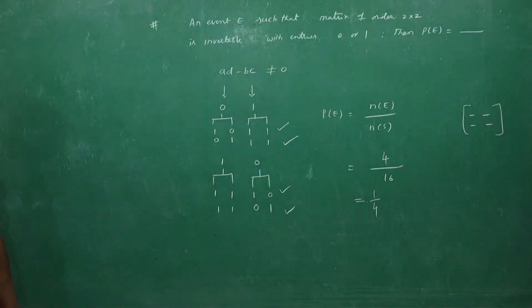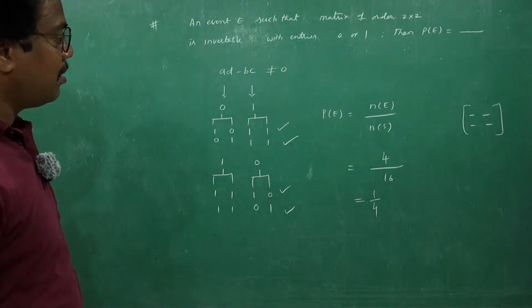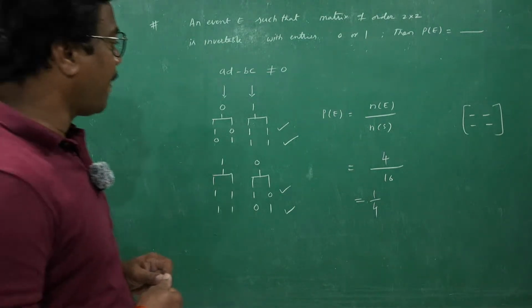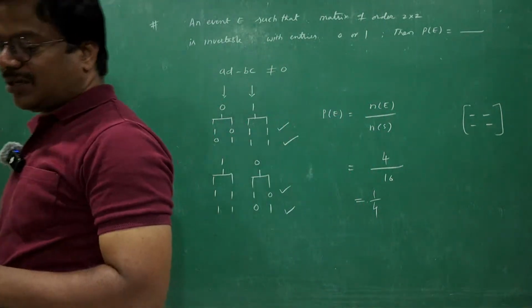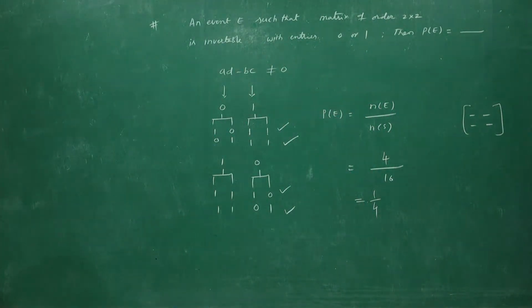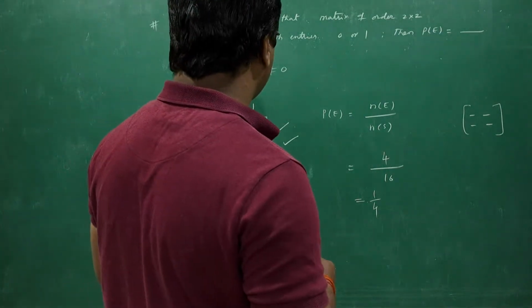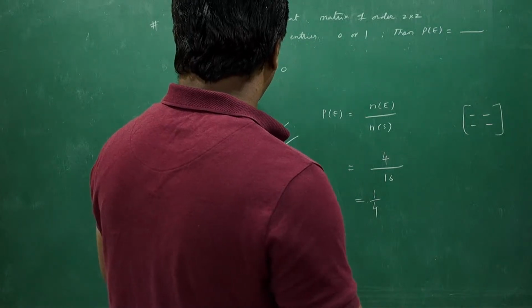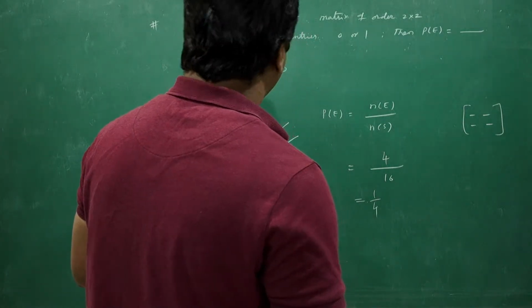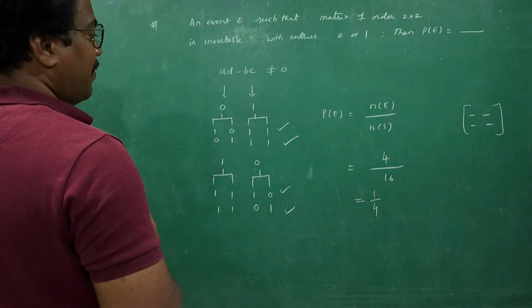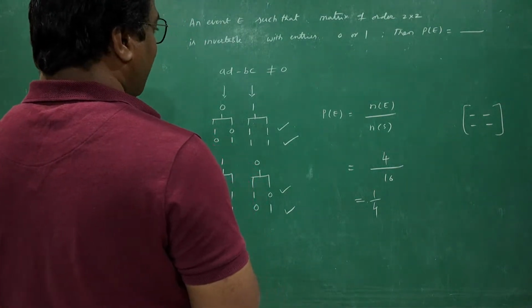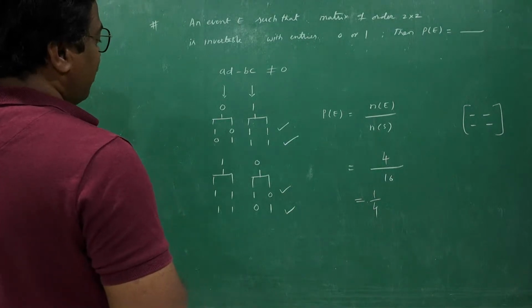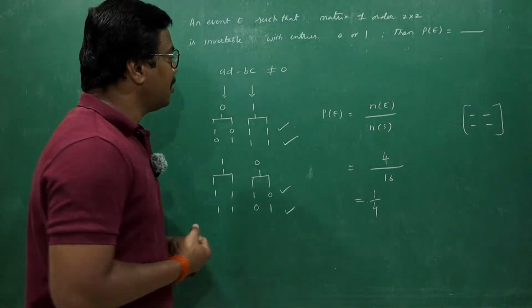Next, actually it gives 9 cases. Let me cross check. Total 16. Yes, total 16. That's okay. Total 6 cases of favorable outcomes are given in the solution. Let me cross check. How many? 0 1 1 0.